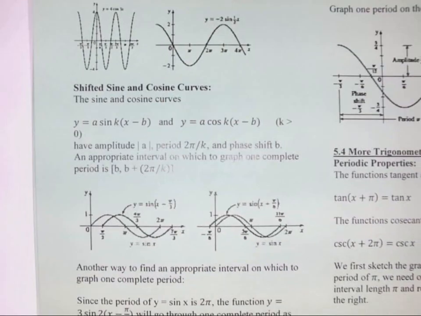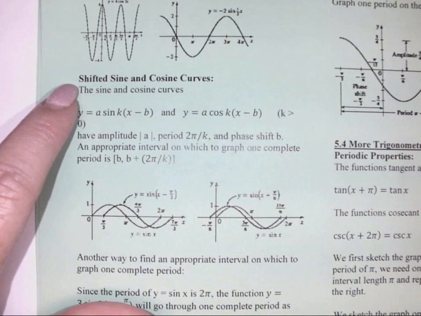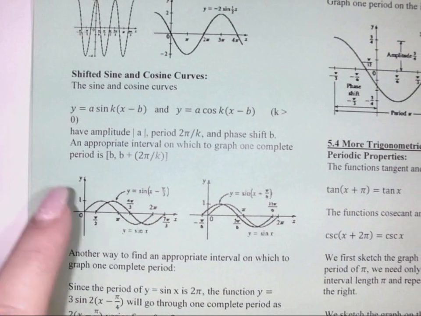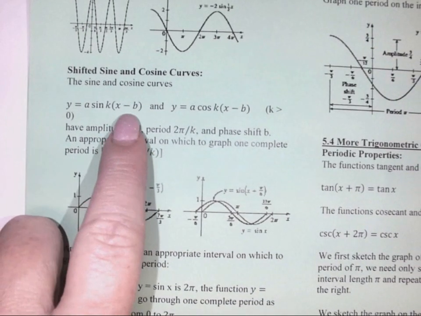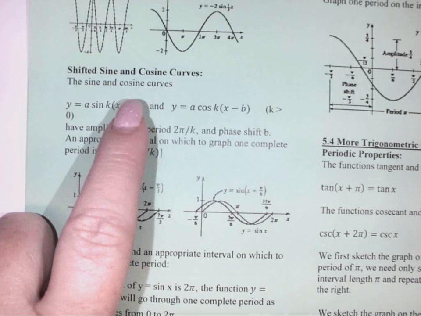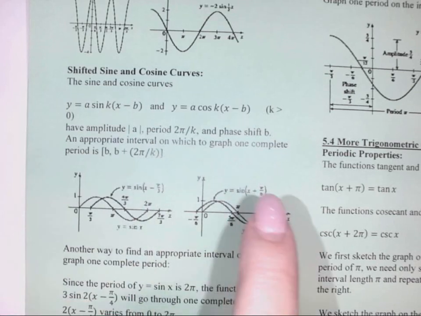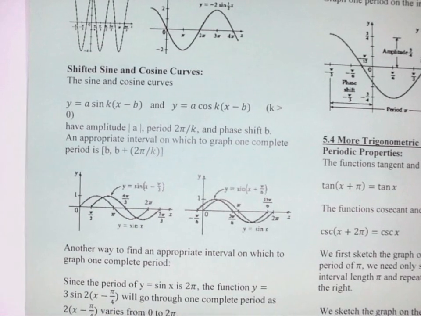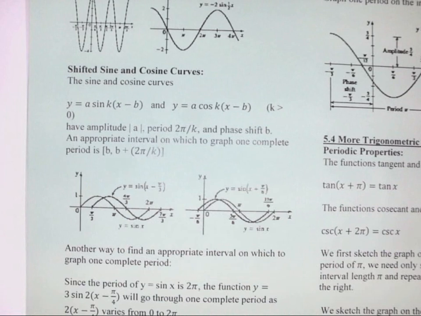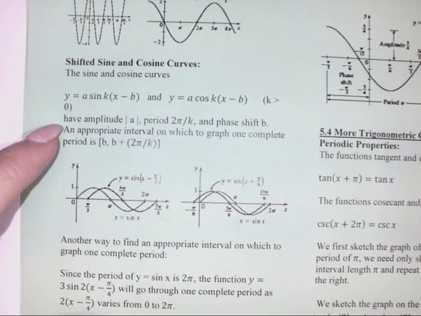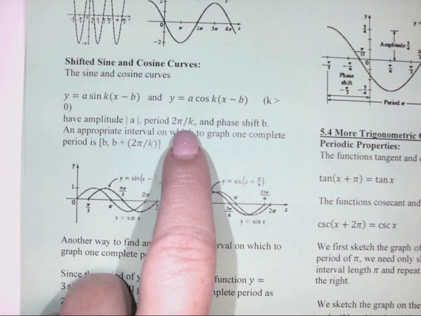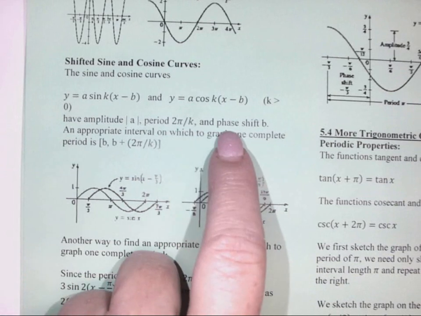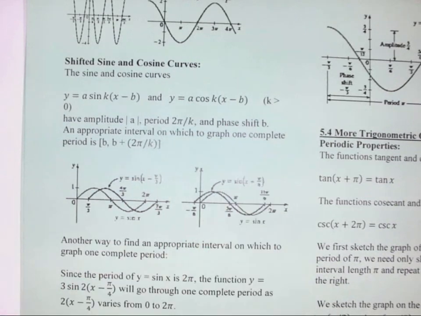And then, of course, we can shift our sine and cosine curves by, just like we had in college algebra, where it's like an x minus b for either sine or cosine. Of course, k is greater than 0 again. It will have an amplitude of a, a period of 2 pi over k, and the phase shift of b.